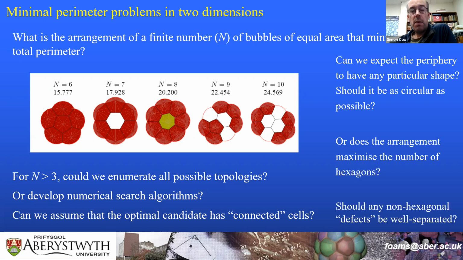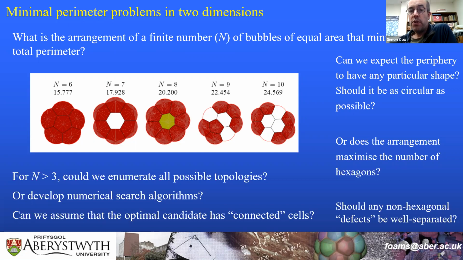So in looking at these clusters, sort of questions one might ask in trying to predict what would be good candidates to try. Questions like, can we expect the periphery to have any particular shape? Right, is a cluster that has a circular boundary likely to be better than something that, for example, has a hexagonal boundary?